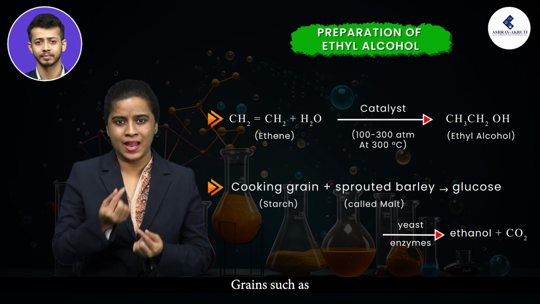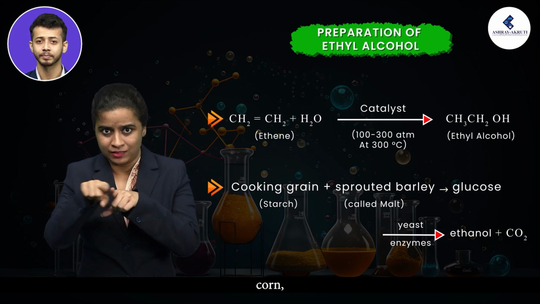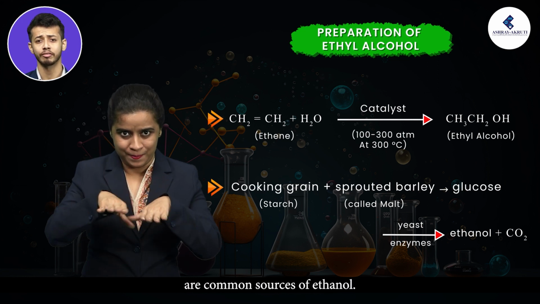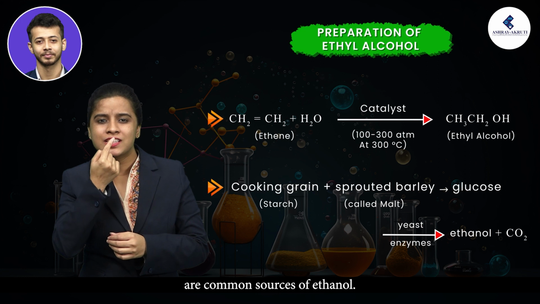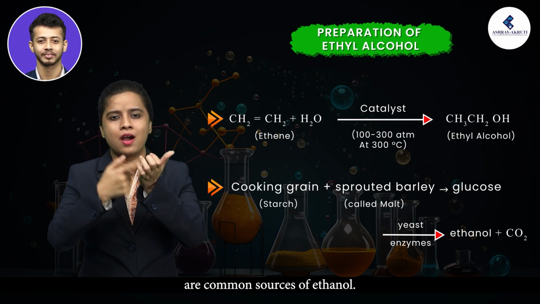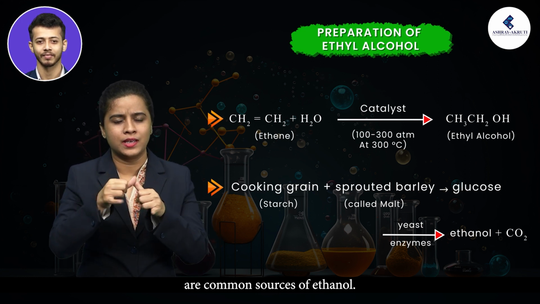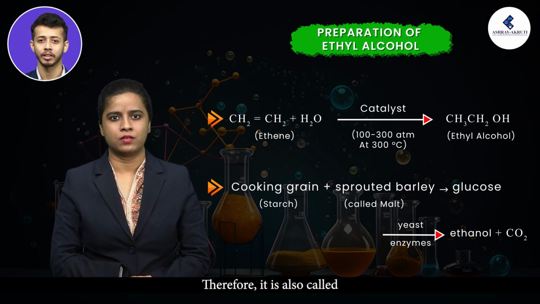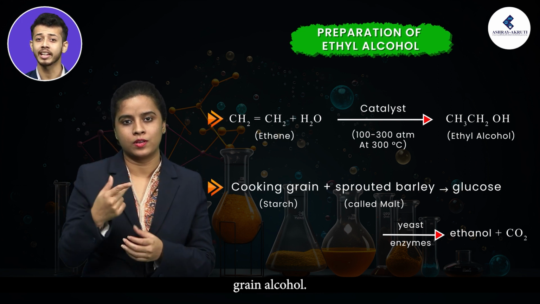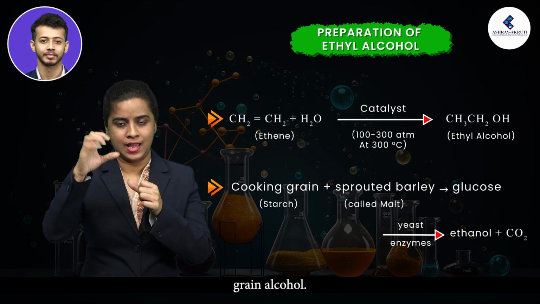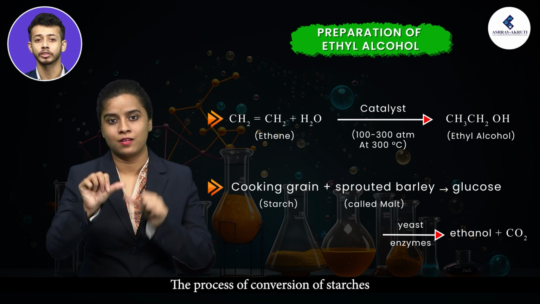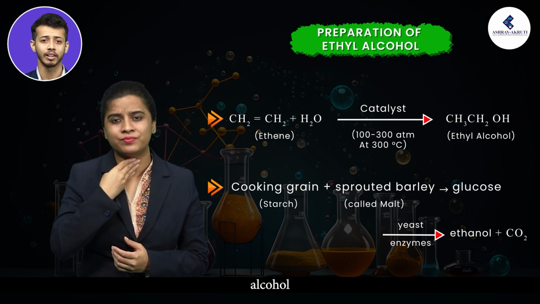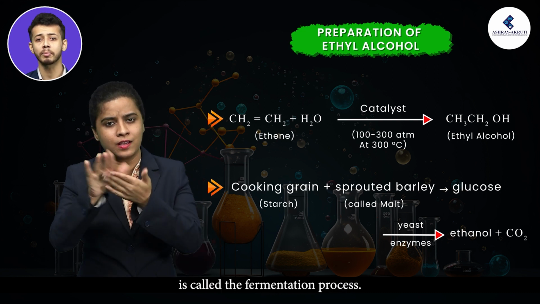Grains such as corn, wheat and barley are common sources of ethanol. Therefore, it is also called grain alcohol. The process of conversion of starches and sugar to ethyl alcohol is called the fermentation process.